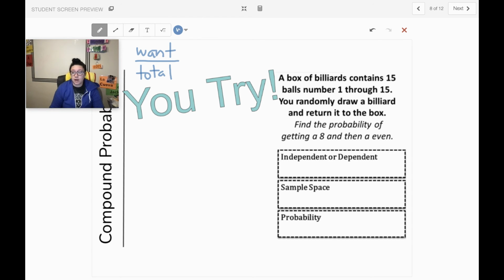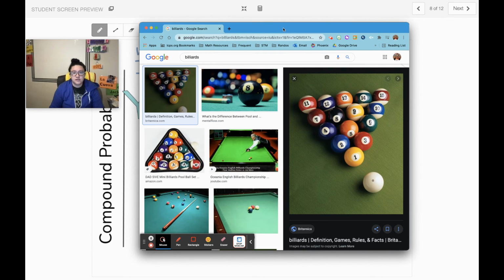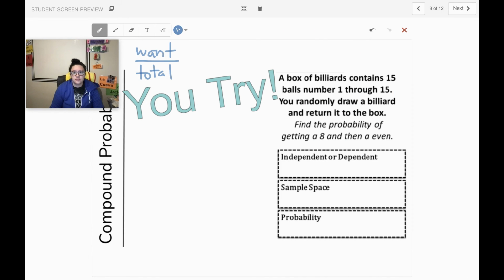So we're still doing our box of billiards, still doing those same 15 colored balls. And we're trying to find the probability. It says you randomly draw the billiard and return it. That's going to help you think, is it independent or dependent? Find the probability of getting an 8 and then an even.